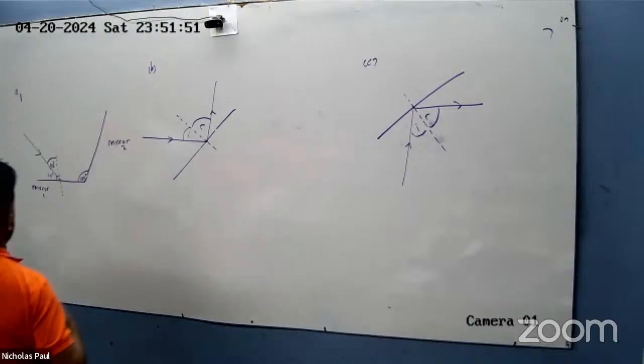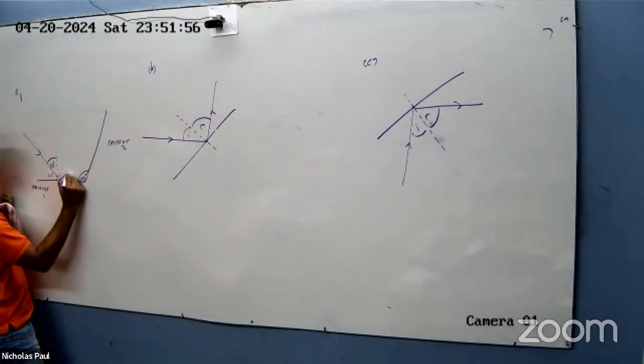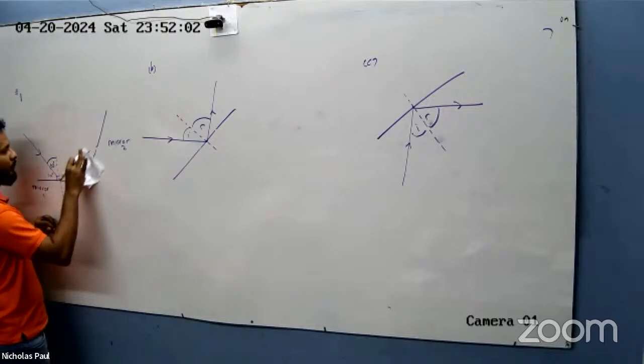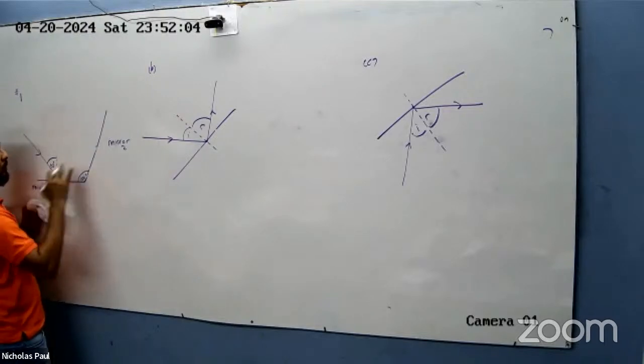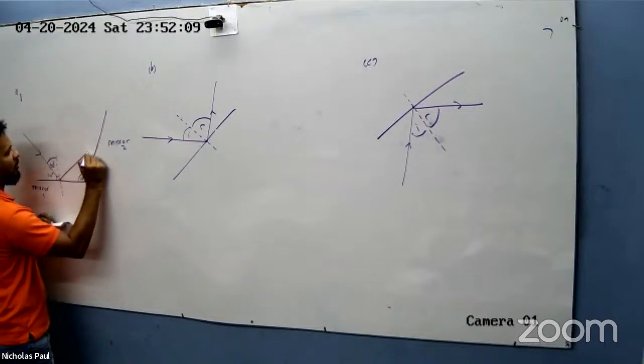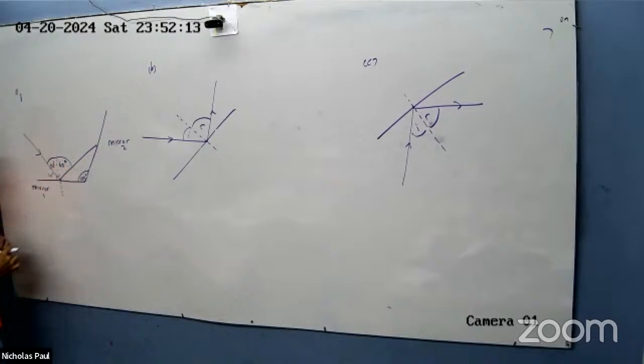So we should have something like this. When it reaches here, it reflects. I just average it, right? This is 60. This is 60, right?